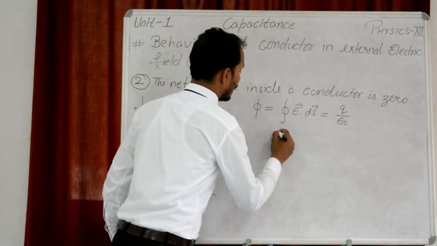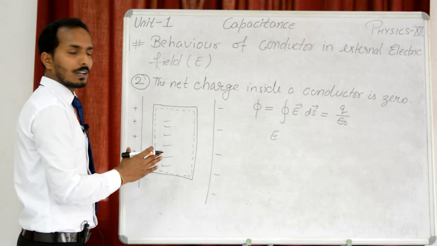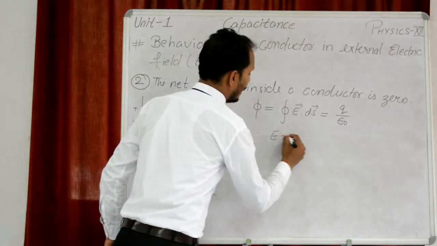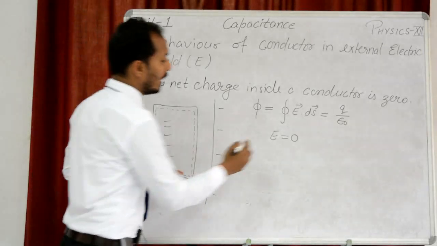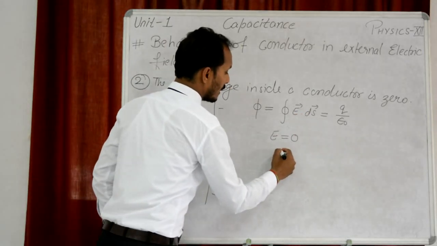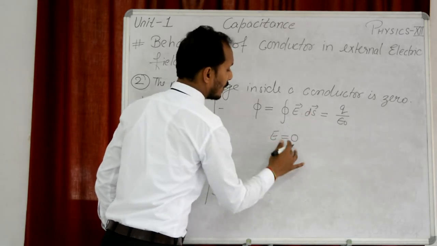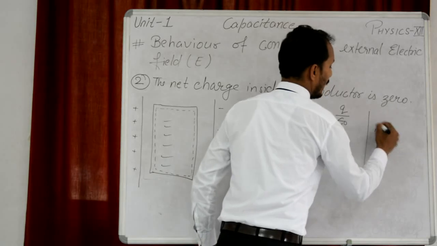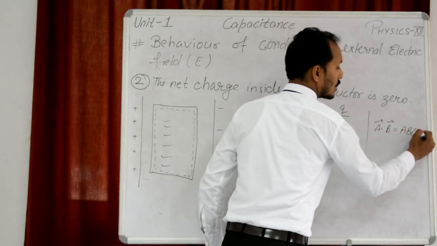We know that when you place a conductor in an external electric field, the electric field inside the conductor is 0. So if E is 0, then I can use this formula, E dot ds, where this is the dot product, and A dot B is equal to AB cos theta.